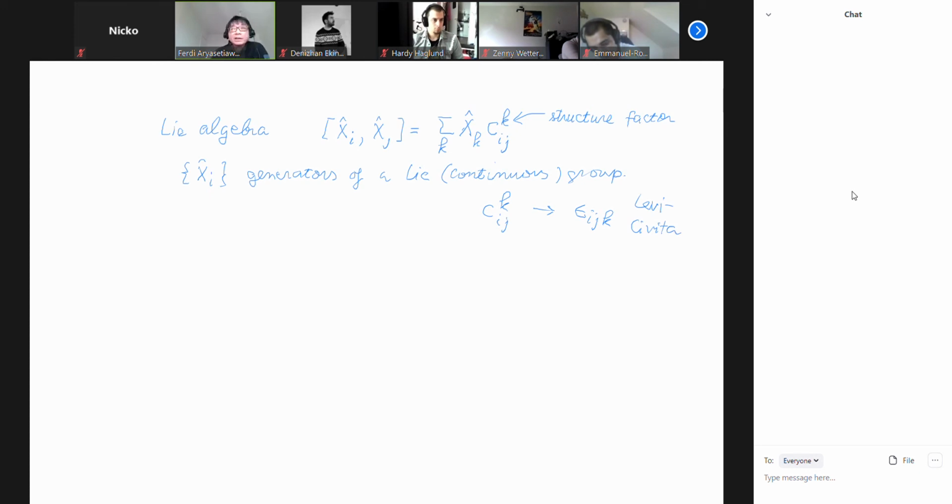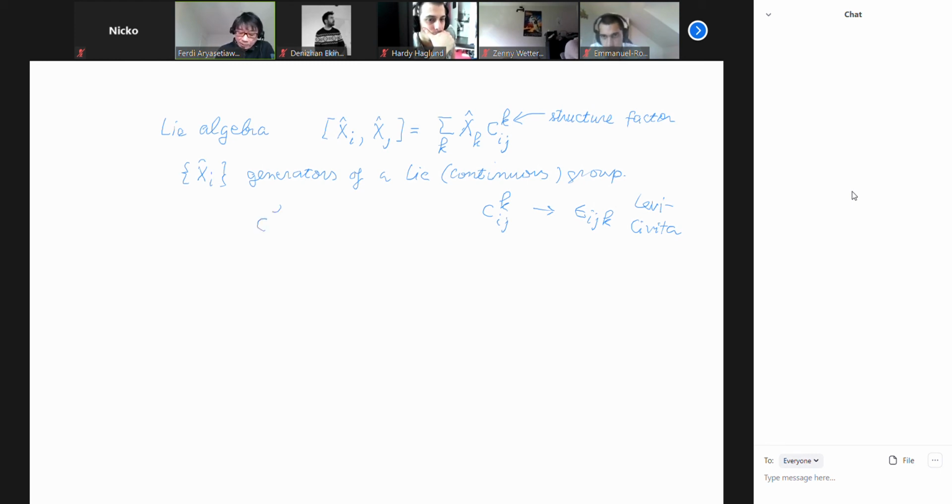And the group, in the case of angular momentum, is the rotation group, because if you multiply rotations, it will just give you another rotation. So I will use the rotation group or the angular momentum as an example of this.